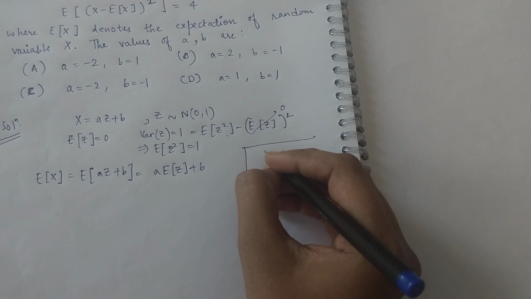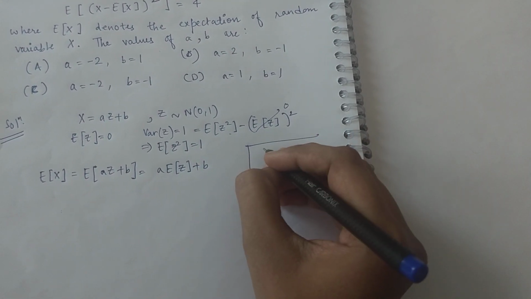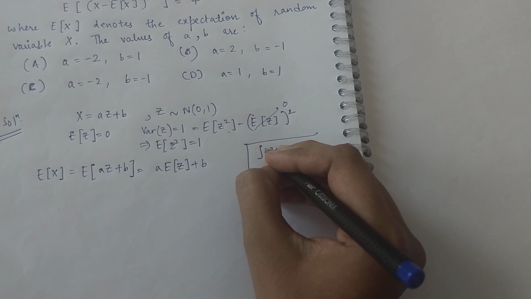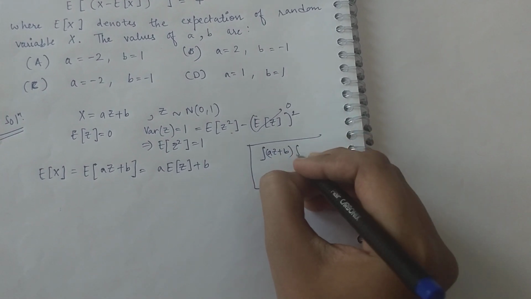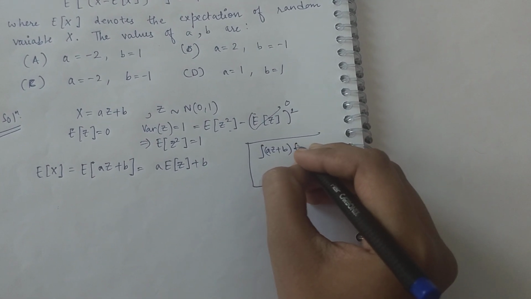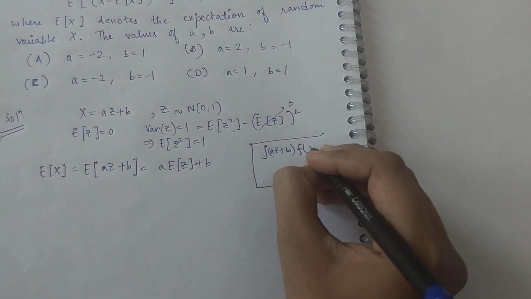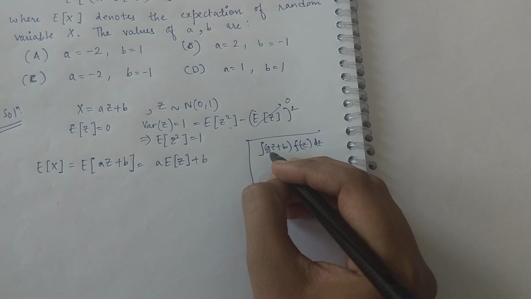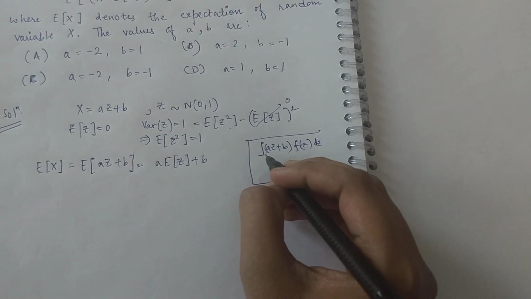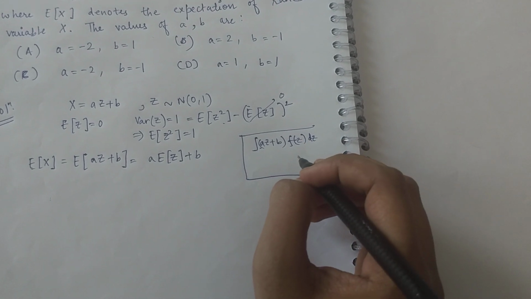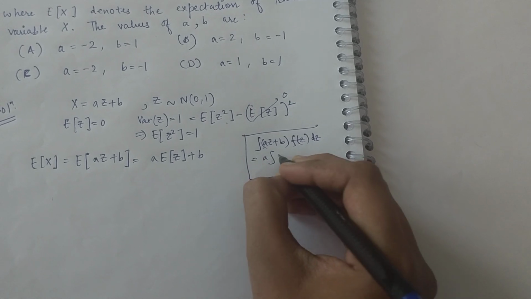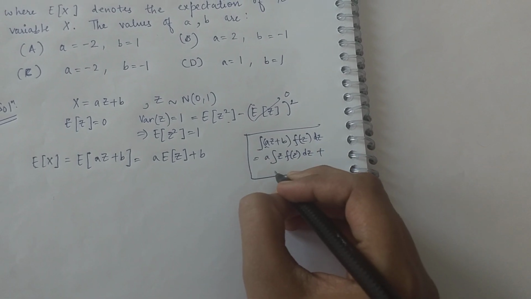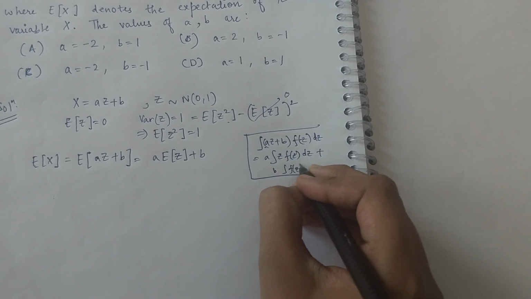So if we are supposed to find the expectation of az plus b, then we have az plus b, which is the variable, and this is the pdf of z. Here we can see that in the integration also, we can linearly separate it. So this will turn out to be a times the integral of z fz dz, plus this term which is b times the integral of fz dz.